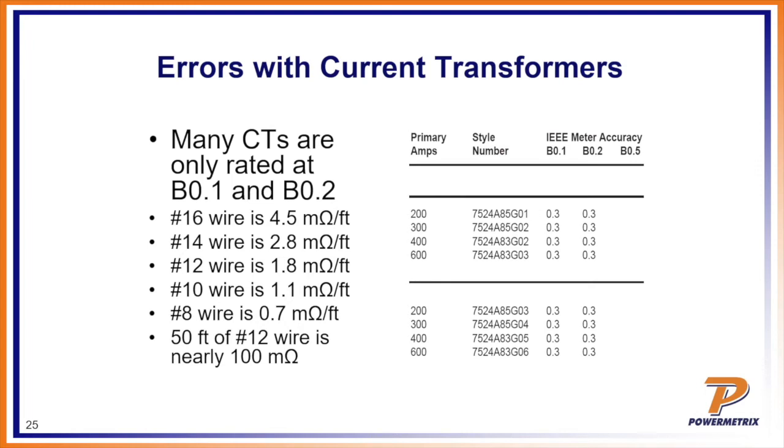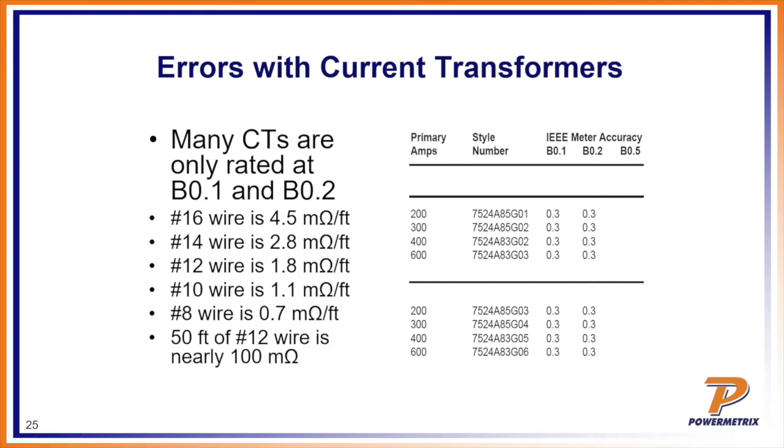For example, if I've got 50 foot of number 12 wire, I'm already at my 0.1 ohm burden max. So do not forget about the importance of the wire gauge and the length that you have running between that CT and the meter.